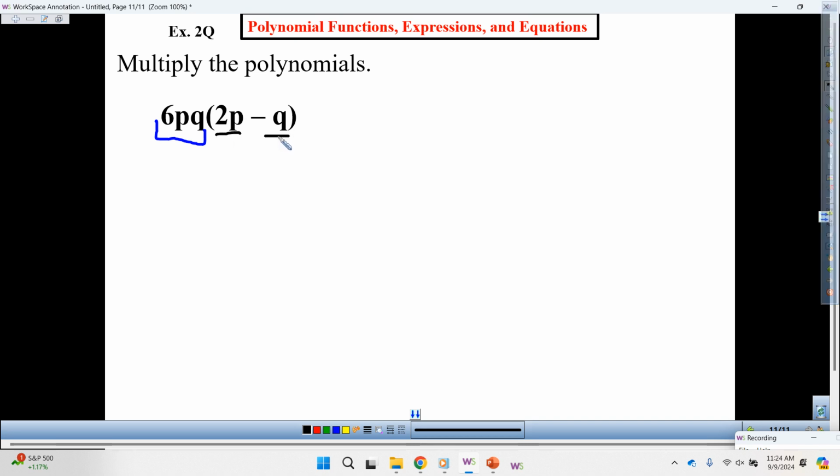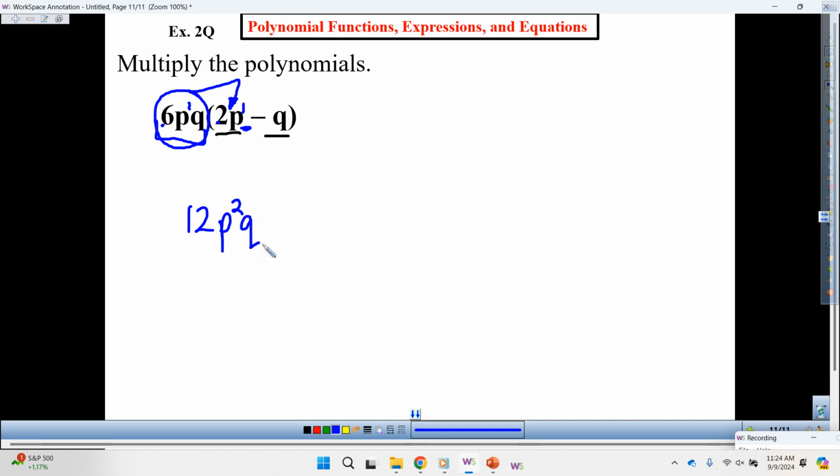I'm going to start this times this. What is 6 times 2? 12. What is p to the first times p to the first? P to the what? Q times nothing here is just Q.